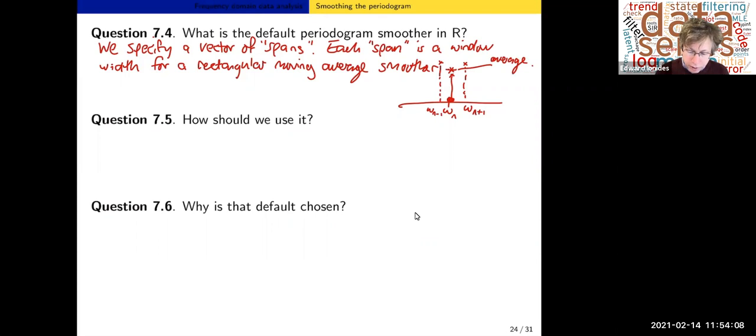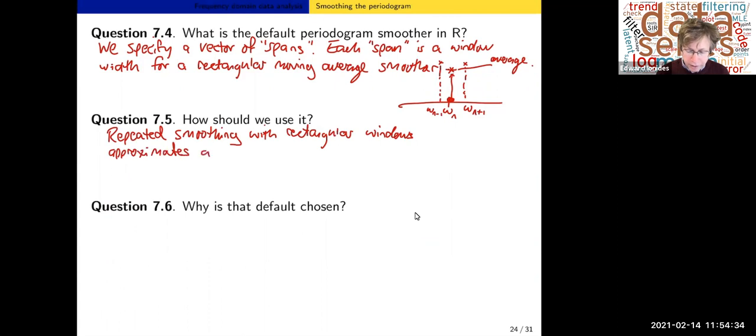And so repeated smoothing with rectangular windows approximates a Gaussian kernel smoother.